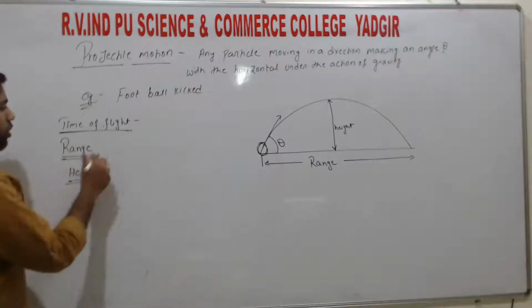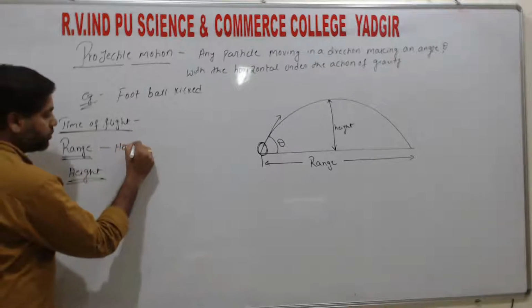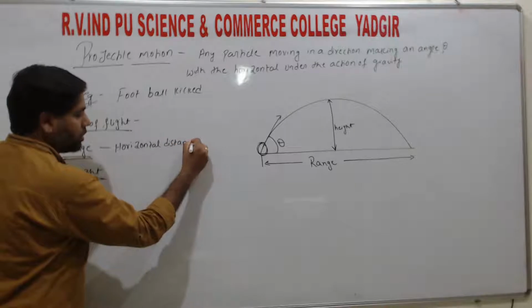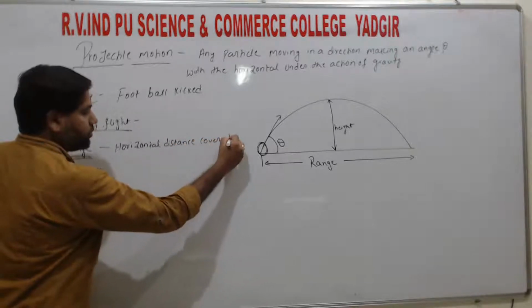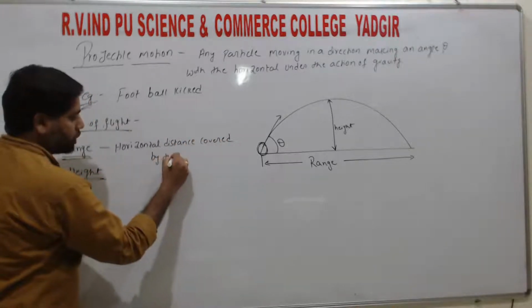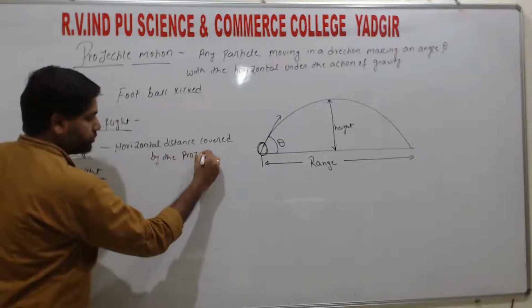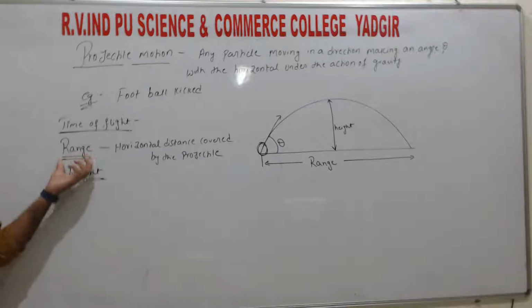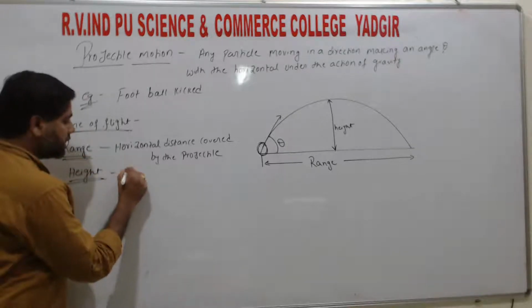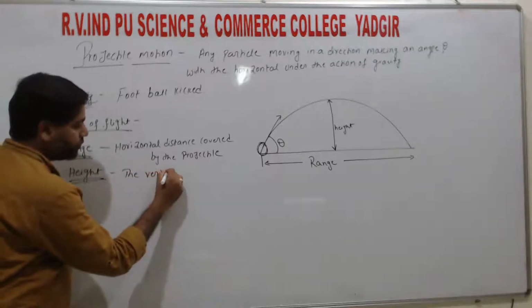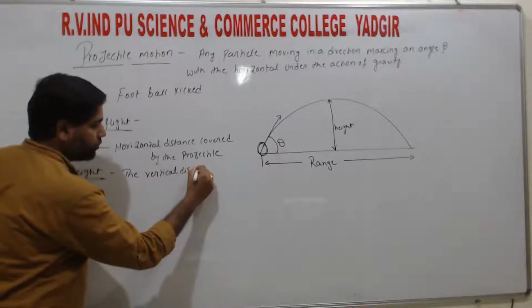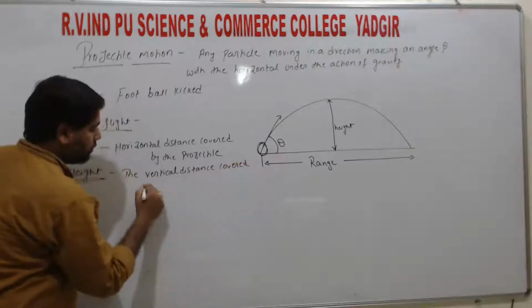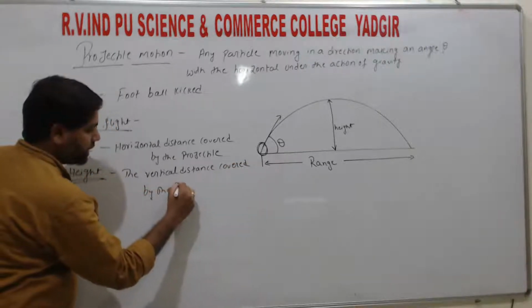So range means the horizontal distance covered by the projectile. Height is the vertical distance covered by the projectile.